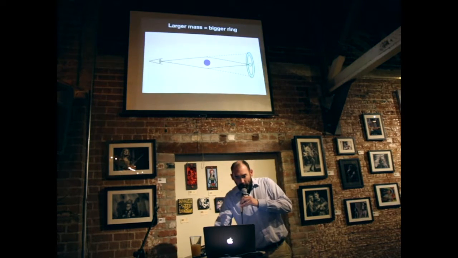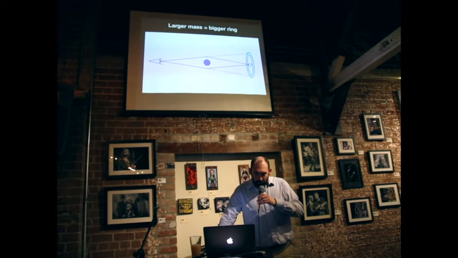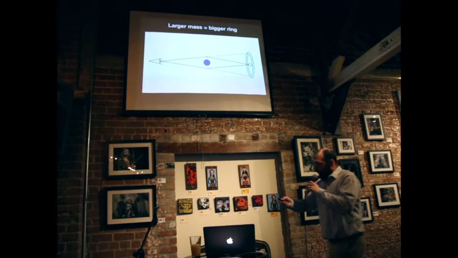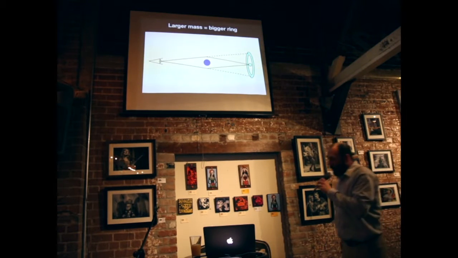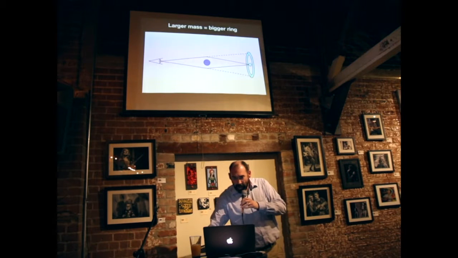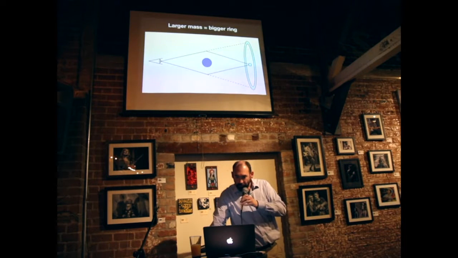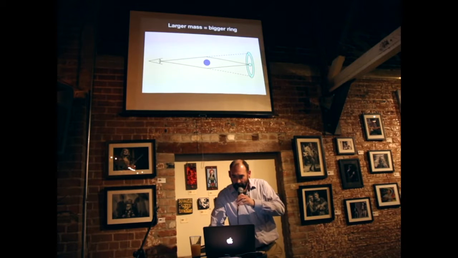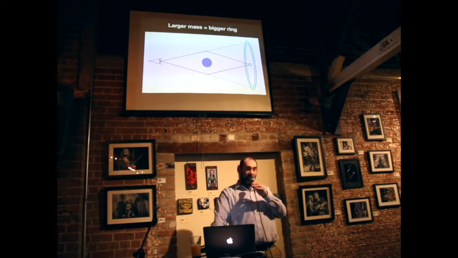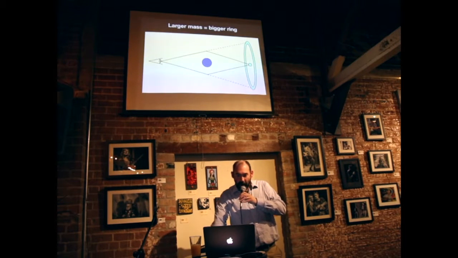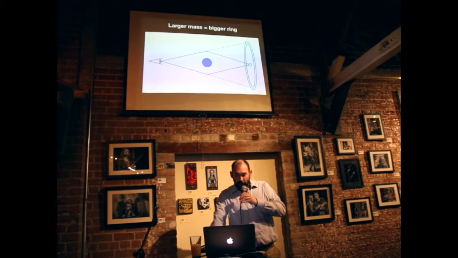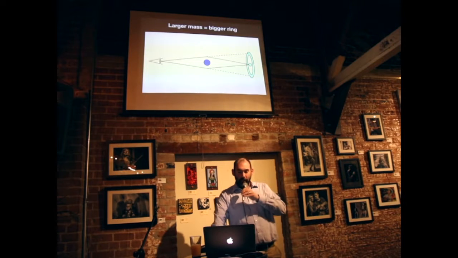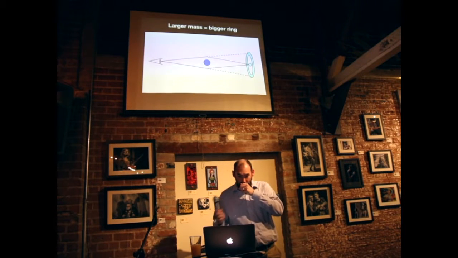The way that works is, imagine these are galaxies, not stars, or whatever they are. They could be stars too. You have some mass here and you have some source of light here. The more mass you have, the bigger the ring you get. So there's a reasonably straightforward mathematical way, if you know the distances involved, of translating the angular size of the ring that you measure to the mass of the object that's performing this lensing effect.